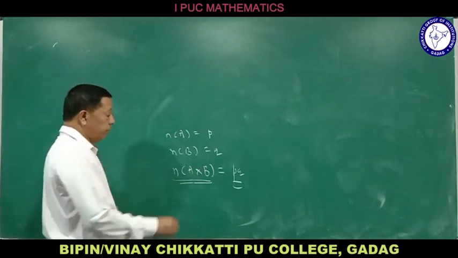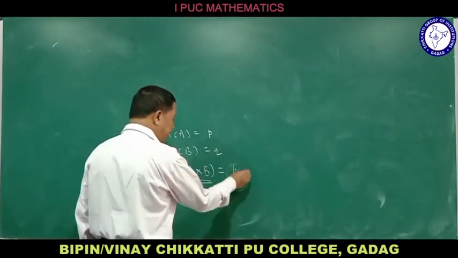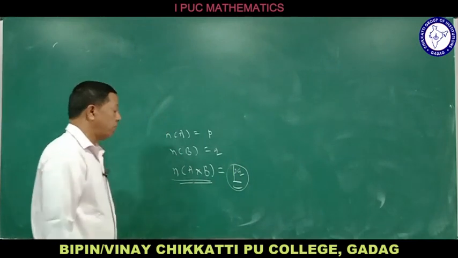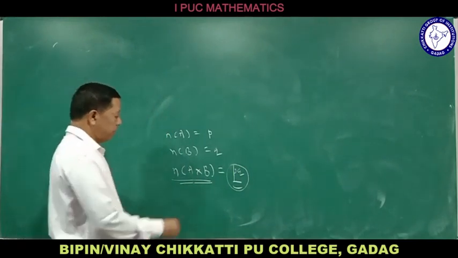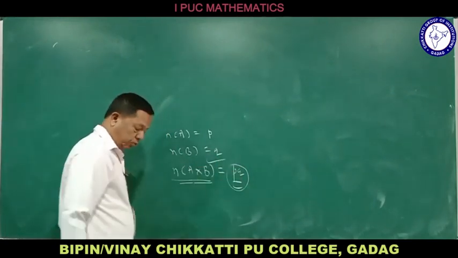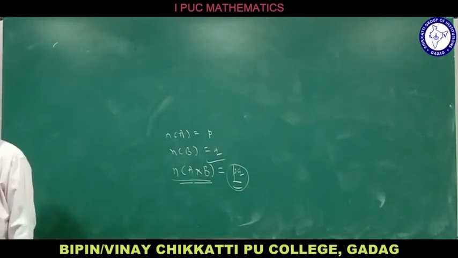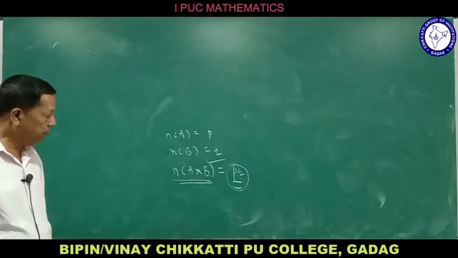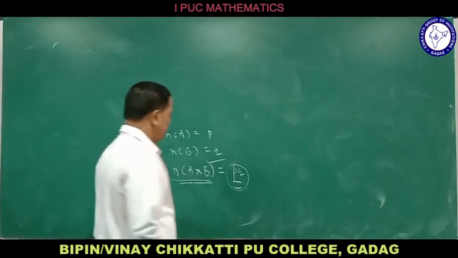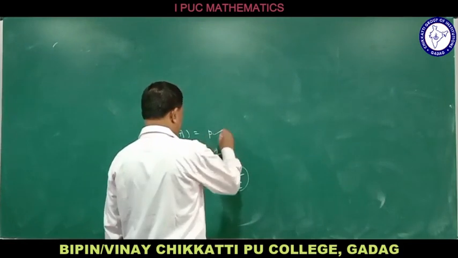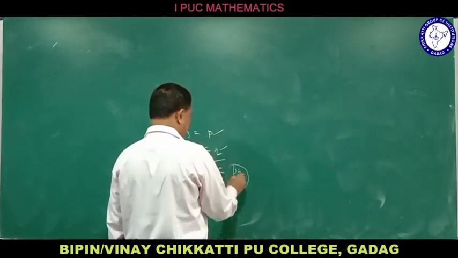So these subsets are also the relations that we can say. Particularly, n of A is P, n of B is Q, and n of A cross B is PQ.